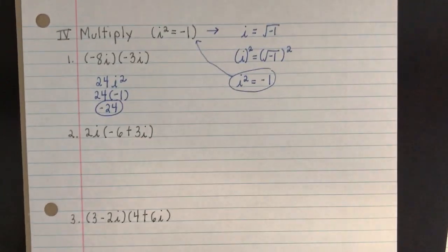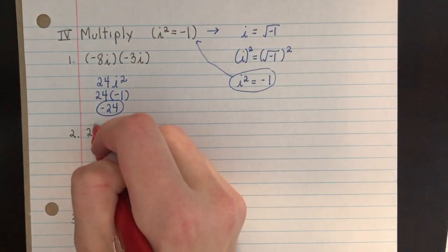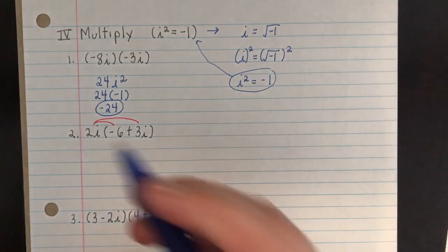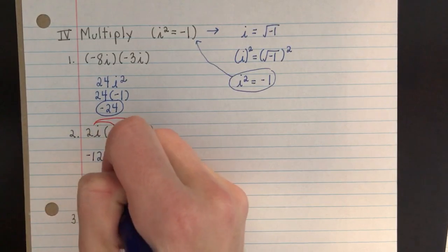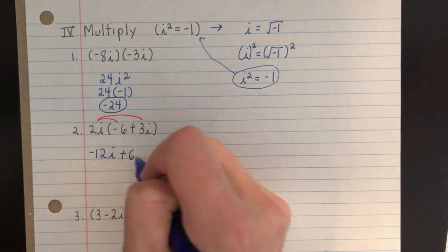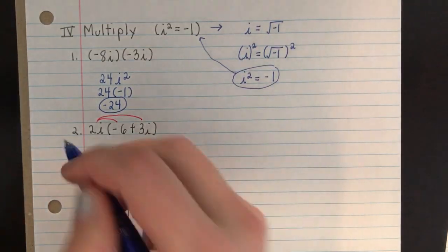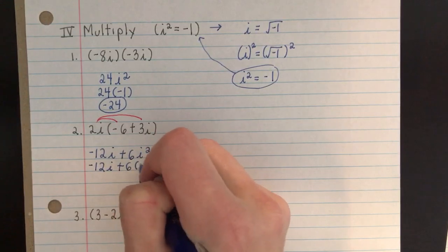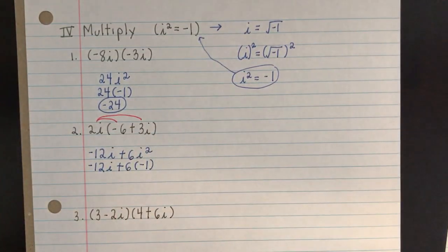Okay, so moving right along, next example, number 2. Similar on this one, except you've got to distribute the 2i. So this would become -12i + 6i squared. So go ahead and substitute in that you know i squared is -1.